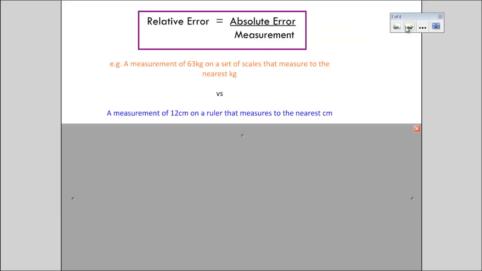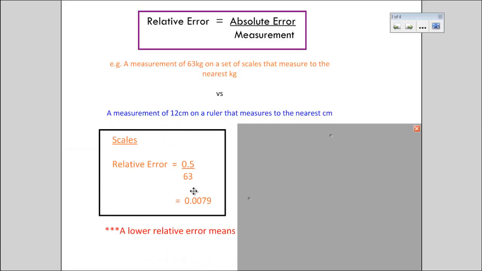Now if we introduce the new calculation, relative error, okay, so how we do that is we put the absolute error over the measurement that we take. So we're going to divide here. Okay, so using the same example, for our scales, our relative error would be 0.5, so absolute error, divided by the measurement that we had, 63 kilograms, and we end up with 0.0079.